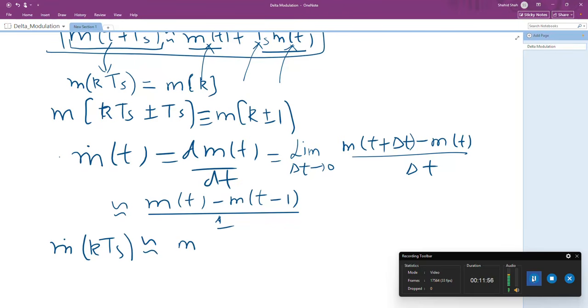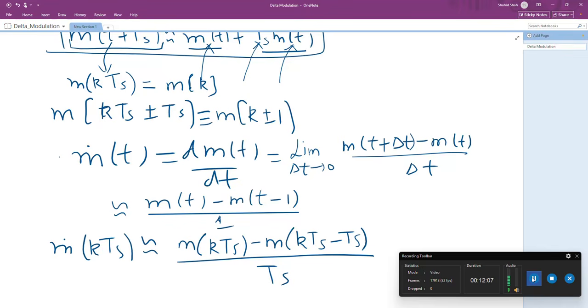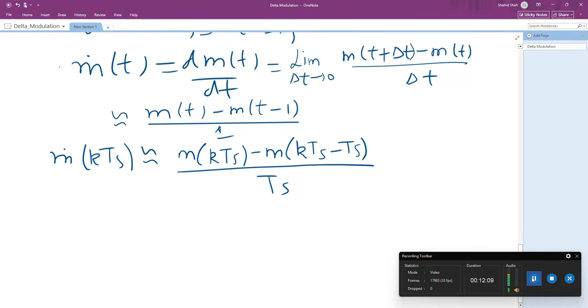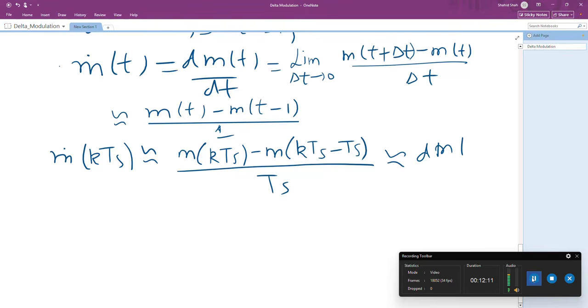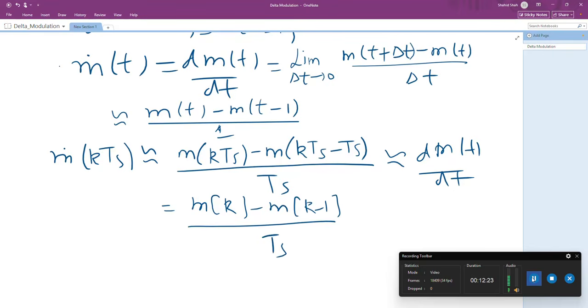It will be approximately m of kTs minus m of kTs minus Ts, divided by Ts. For small Ts, this is approximately equal to the derivative of the message signal with respect to time. And we can represent it by m of k minus m of k minus 1 divided by Ts.